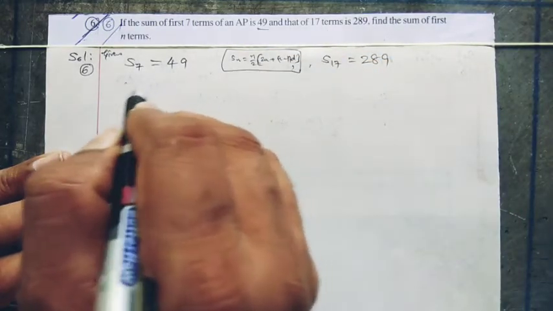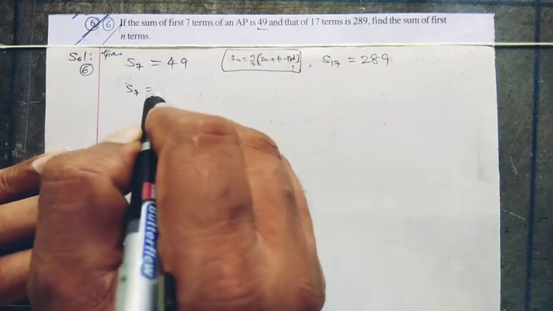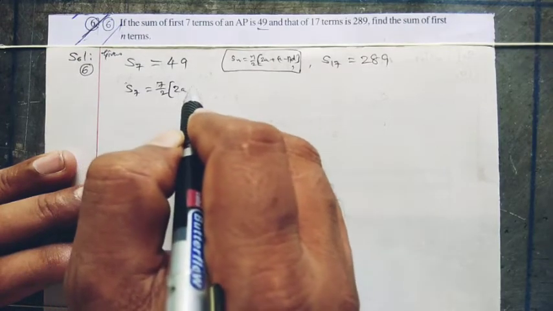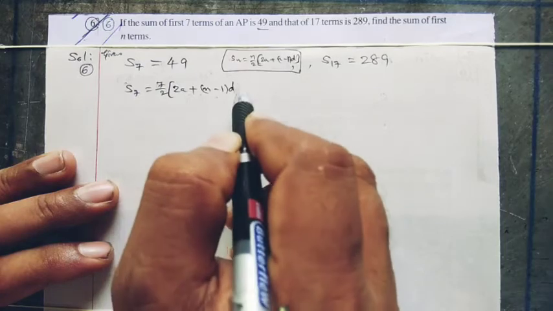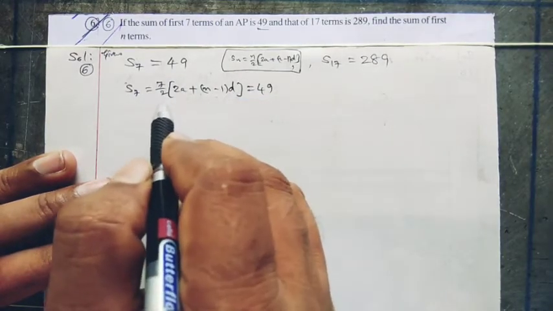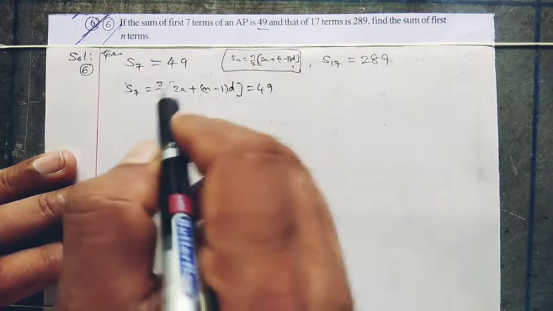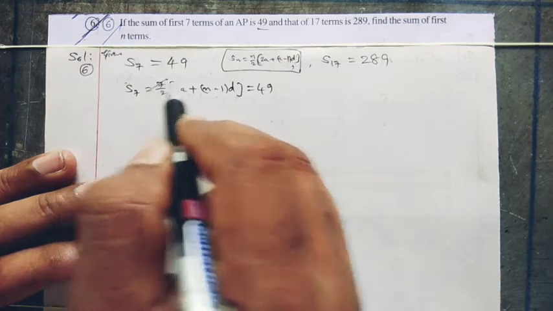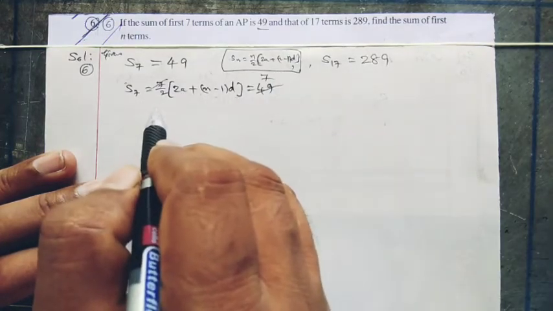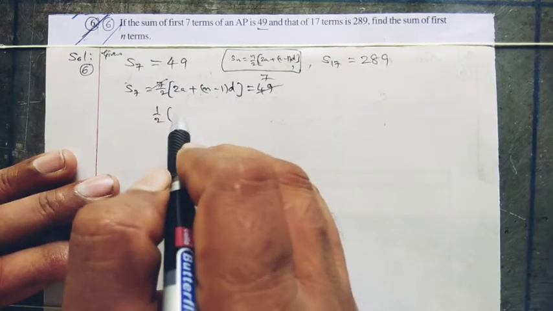Basing on this, we can write S7 is equal to 7 by 2 into (2a plus (n minus 1) into d) is equal to the given 49. We can cancel like this. 7 ones are 7, 7 sevens are 49. 1 by 2 only here.